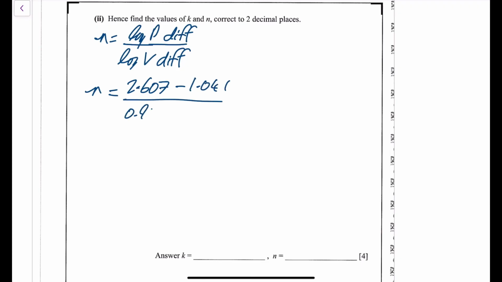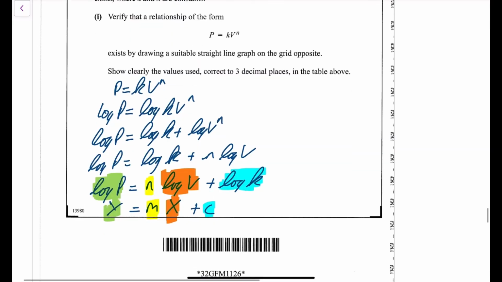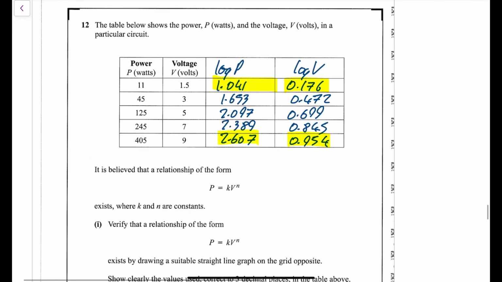That was 0.954 minus 0.176, which worked out to be, and I'm going to write it as this, 783 over 389. Okay, so that's what you've got. So that was your n, where n was your gradient.